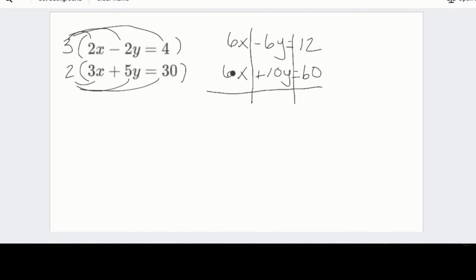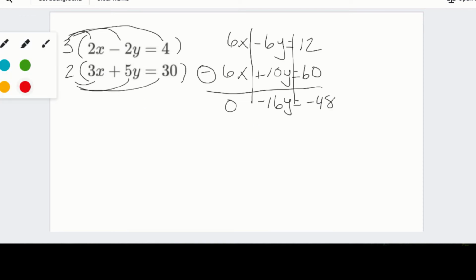Since the signs are the same, we're going to subtract. 6x minus 6x is 0. Negative 6y minus 10y is negative 16y. And 12 minus 60 is negative 48.